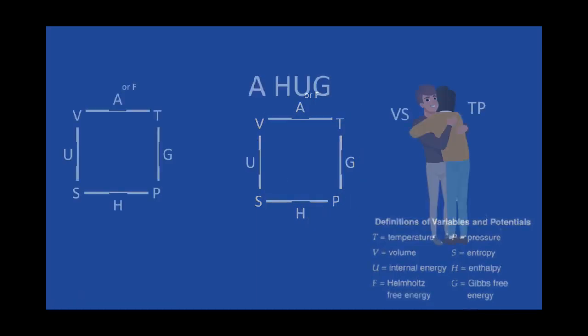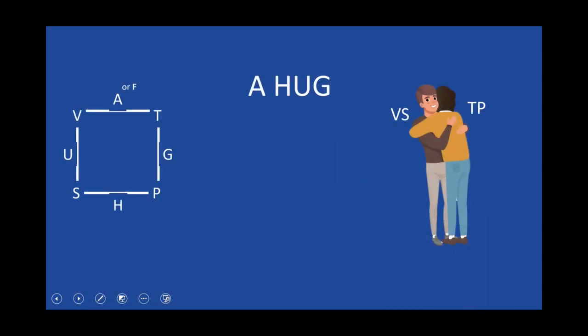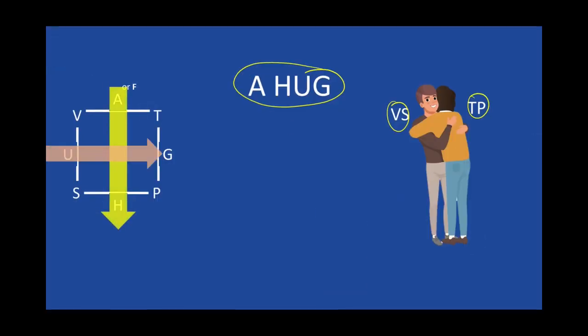Then you have to remember how to draw this mnemonic device. To remember how to draw this, I used to remember it like Vasu and Tippu hugged together. A hug should be written like a plus sign or a cross sign.